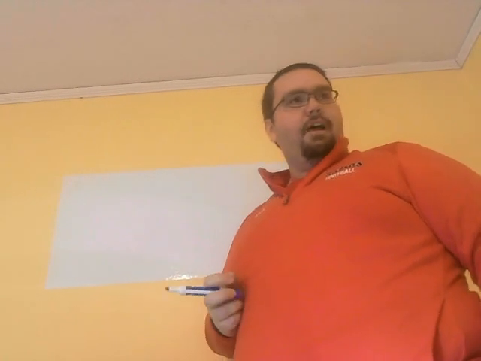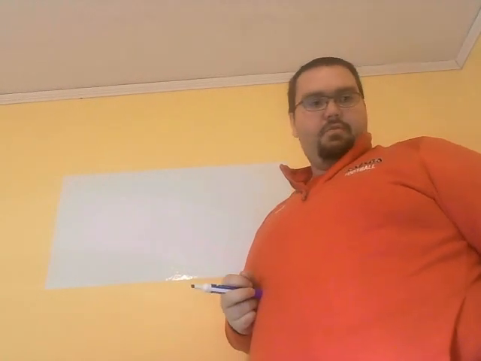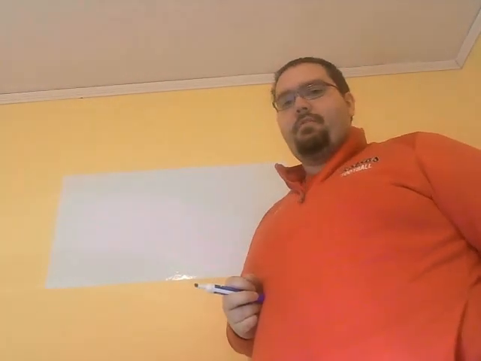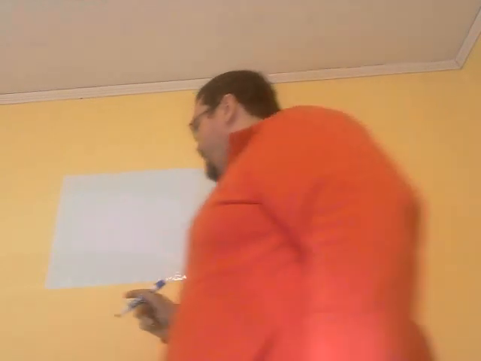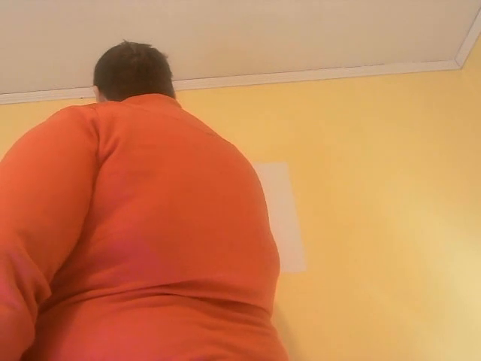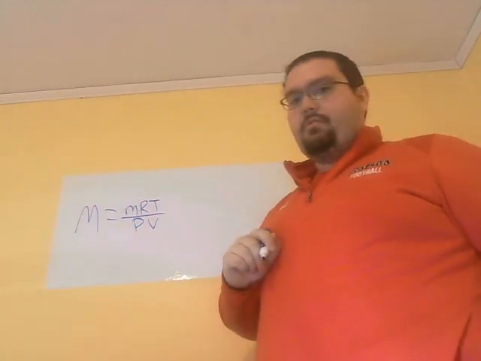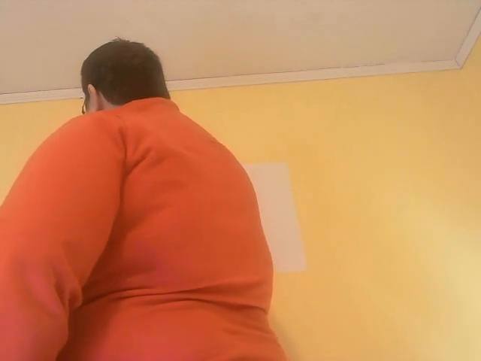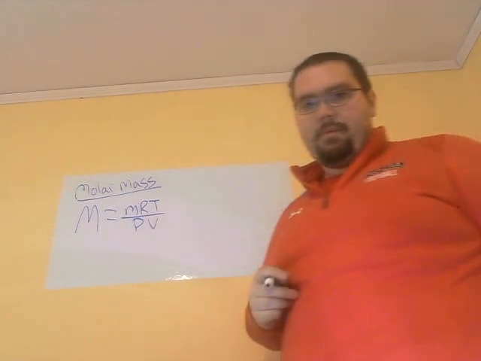Alright, a little later on in the slideshow, you saw two different forms of the ideal gas law. We saw one where you get M equals lowercase m RT over PV. This one is used to find the molar mass of an unknown. That's what capital M is, molar mass.